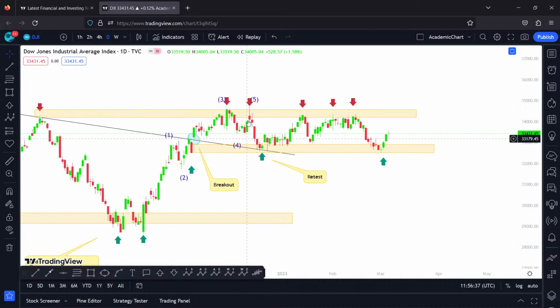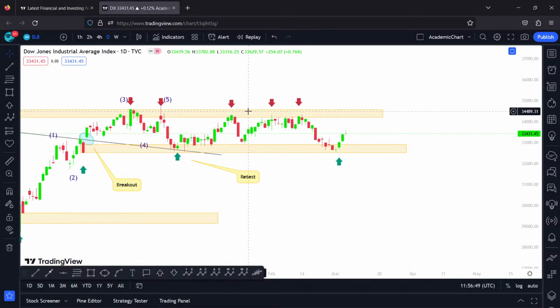This truncation might happen in the last waves of the whole impulsive wave here. So I guess it is 1, 2, 3, 4, 5, and this is the last point of our correction.